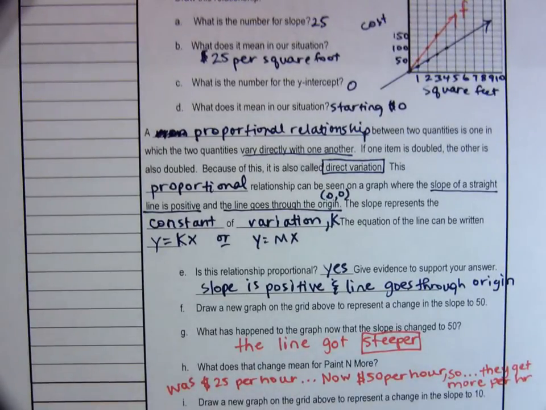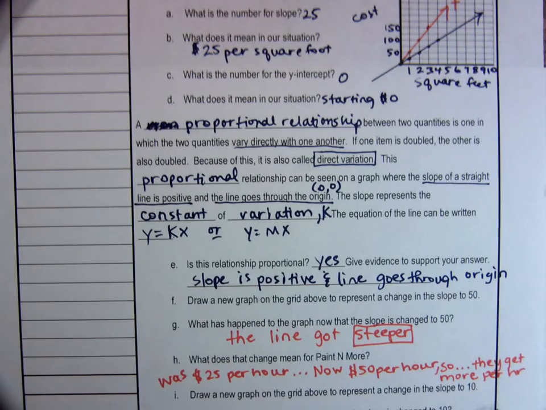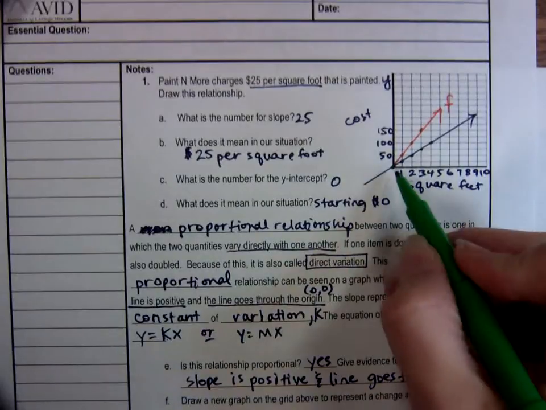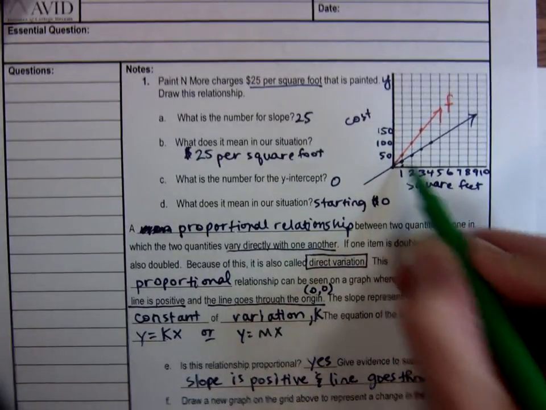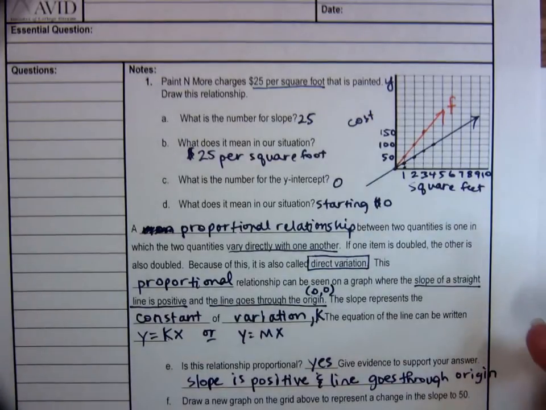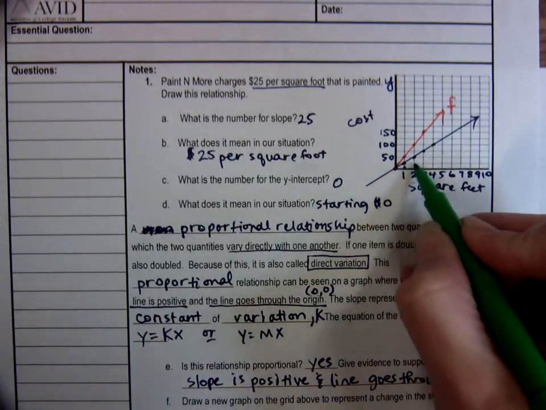Now it's asking us to draw another line, but this time we are going to do a change in the slope of 10. And I'm going to do this in a different color also. That means that for 1 hour, it's going up 10, which is just right above the 0 on this, since we're going by 25s. Then, since this is 25, it's going to be right below that one for the 2.